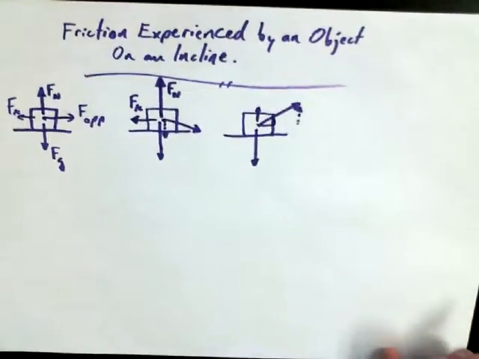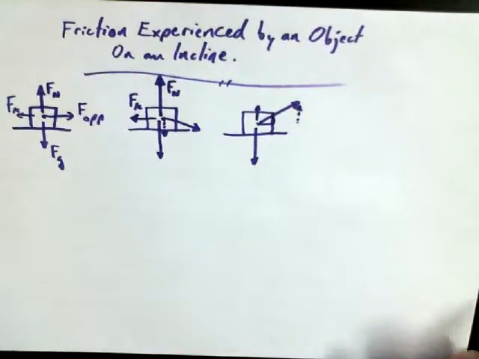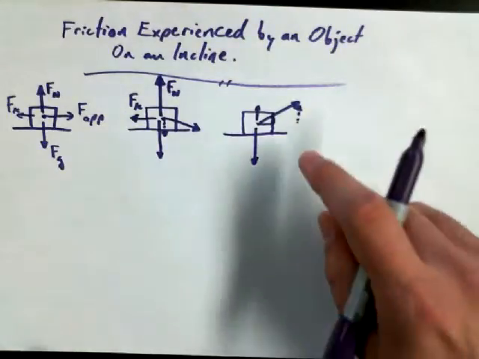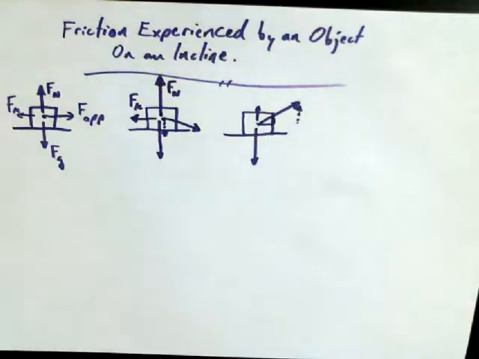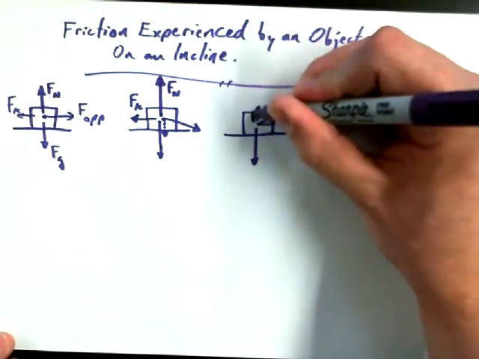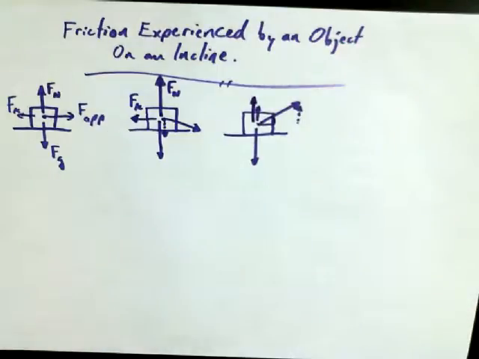So what would happen to the normal force then? Increased, decreased, or the same? In this case here, it would be decreased, because you're lifting up on it a little bit. So if you lift up on it a little bit, then you're going to decrease the amount of force that the ground has to supply to keep it from falling through the earth. So the normal force would be a little bit less.